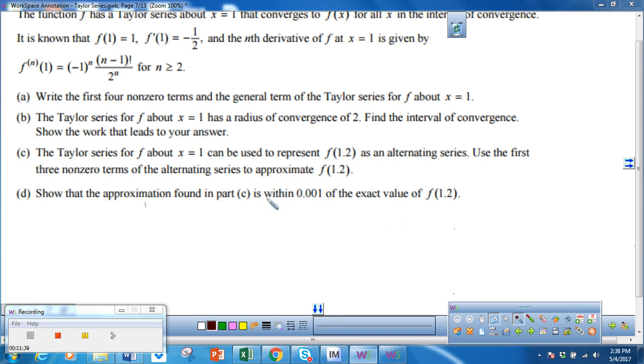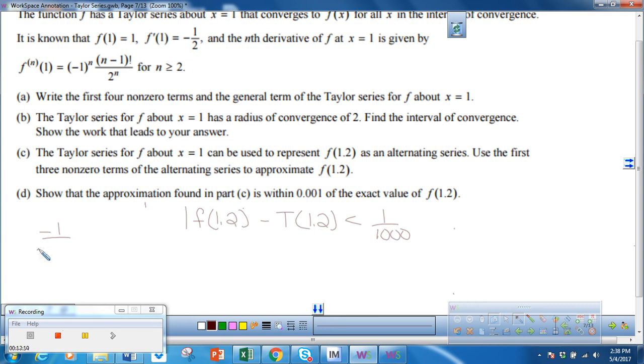So we have to show that the absolute value of the actual minus the approximation has to be less than 1 over 1,000. Okay? So we're going to use the next term to prove that. So the next term was negative, so the next term is negative 1 over, what do we say, 24?